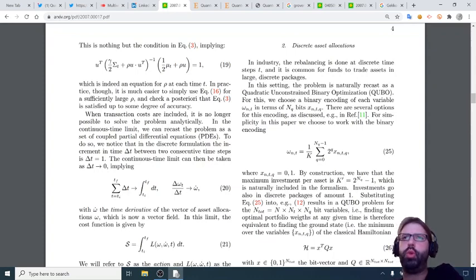Exactly, because you have basically, but why is it 2 to the power of q? Is q the number of assets? Oh no, q is what you're iterating here. Okay.